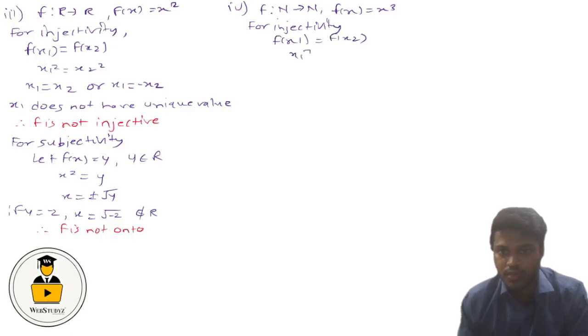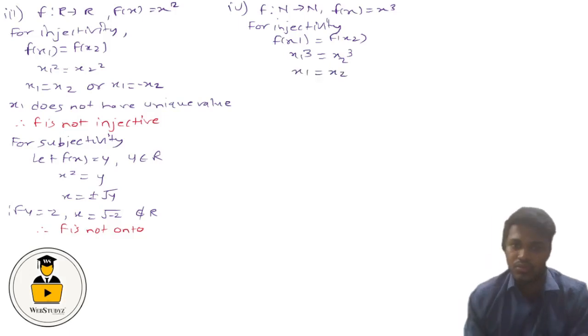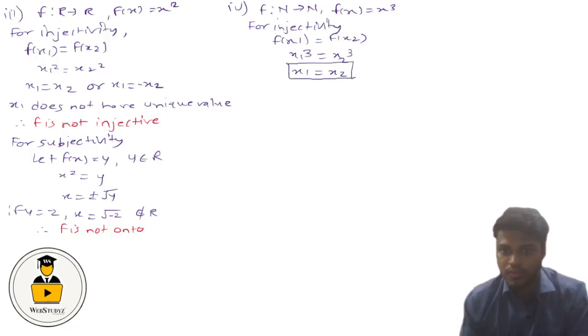So this will be x1 cube equals x2 cube. If we take cube root on both sides, we will get x1 equals x2. And since we are getting x1 equals x2, we can say that f is an injective function.